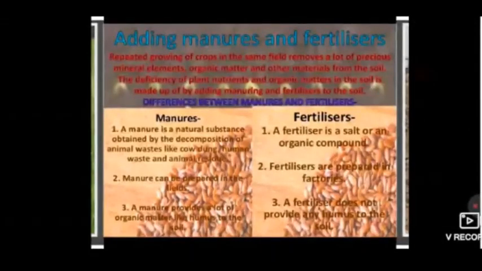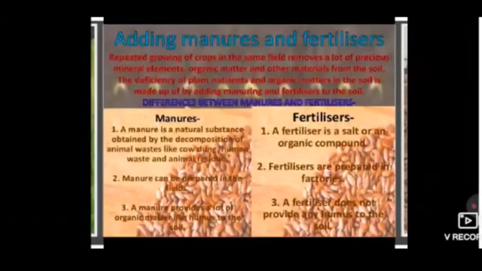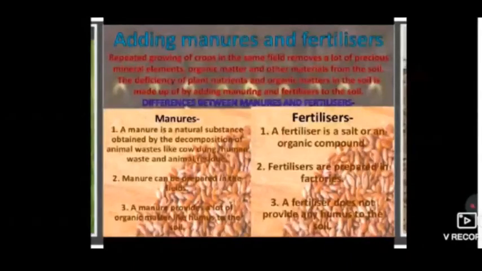And fertilizers are chemical substances which are rich in particular nutrients and are produced in factories. Examples are urea, ammonium sulfate, nitrogen, etc. So write down the difference between manures and fertilizers.